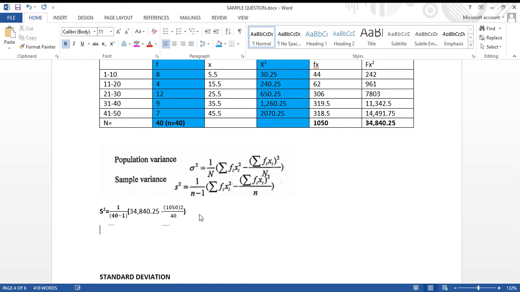We'll go to the next line. Let's do this in parts. 1050 squared gives us 1,102,500. Divided by 40, we're going to get 27,562.5.